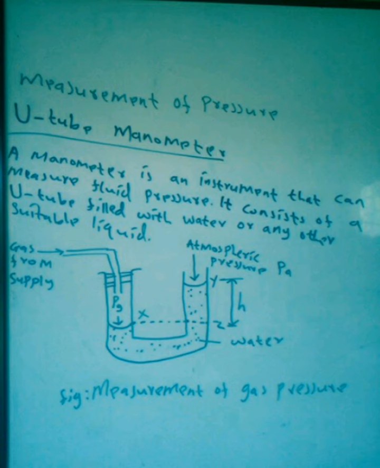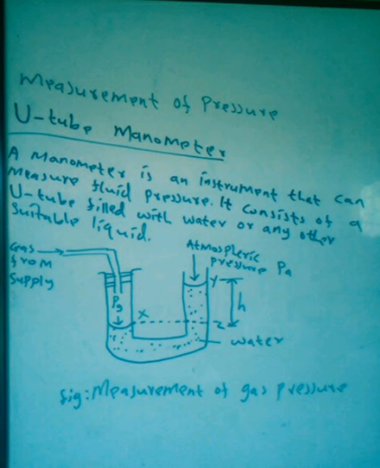Today we want to look at a U-tube manometer, and we begin by defining what a U-tube manometer is. A manometer is an instrument that can be used to measure fluid pressure, and it consists of a tube filled with water or any other suitable liquid, as can be seen in the figure below.